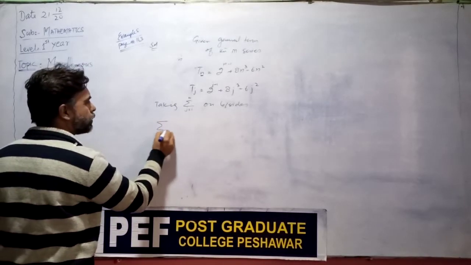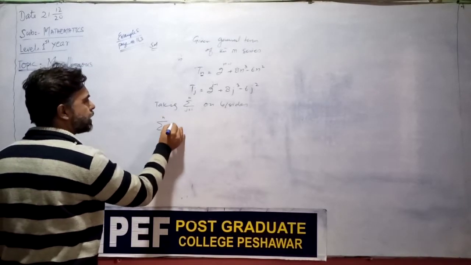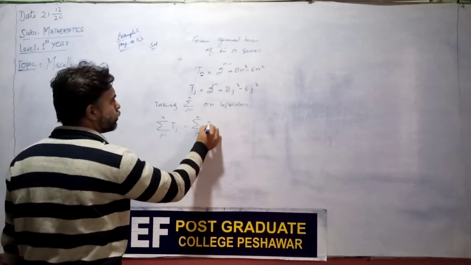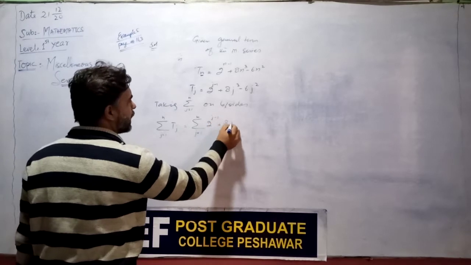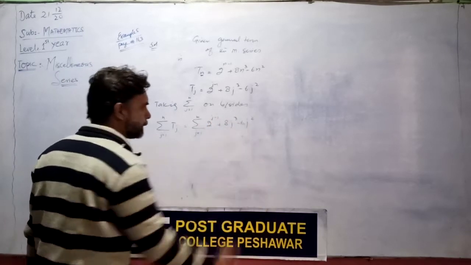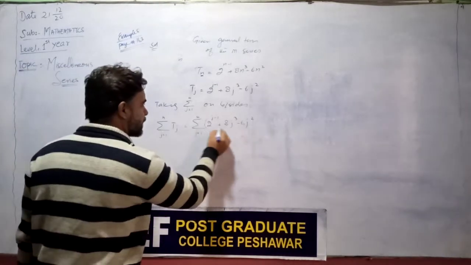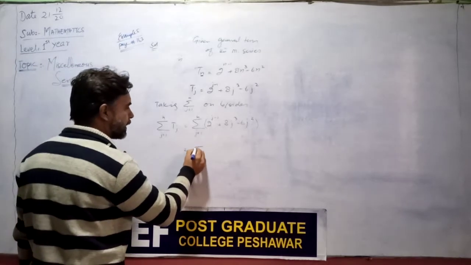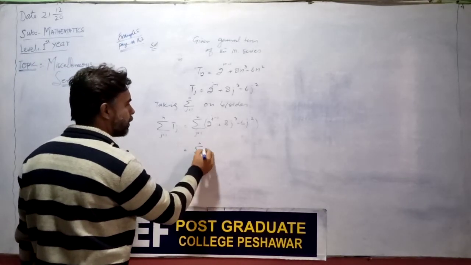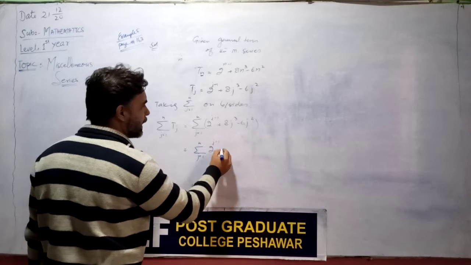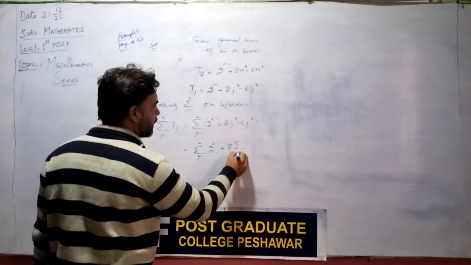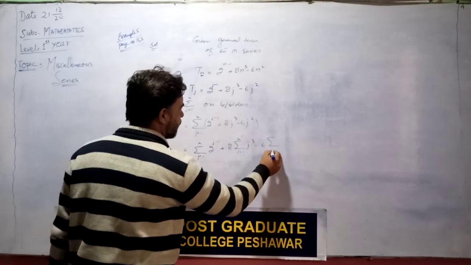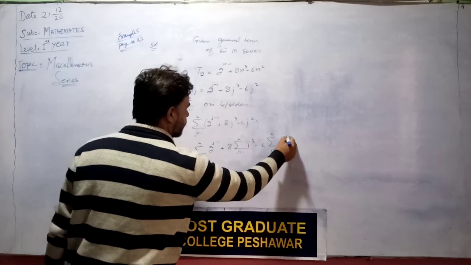This will give you the summation of j varies from 1 to n of Tj, and thus the summation of j from 1 to n of 2 power j minus 1 times 8j cube minus 6j square. Now the summation can be applied separately on each term: the summation of 2 power j minus 1, plus 8 times the summation of j cube, and minus 6 times the summation of j square.